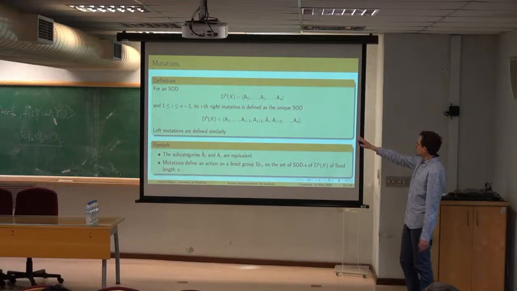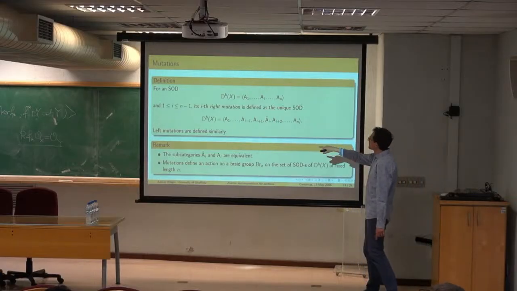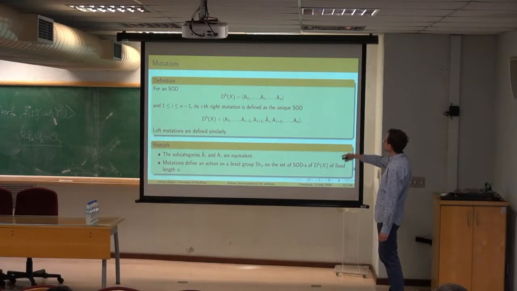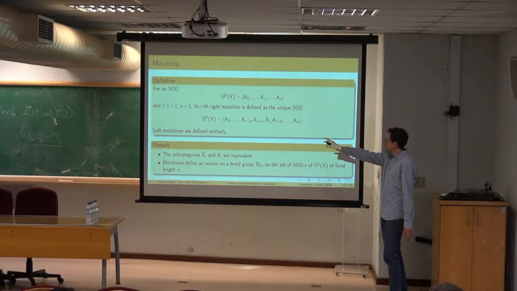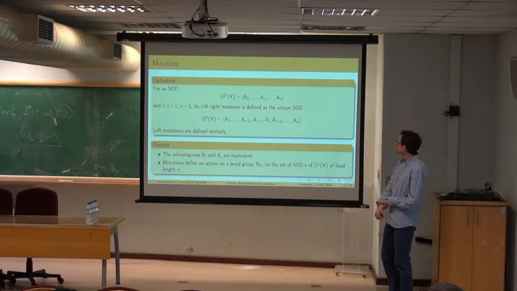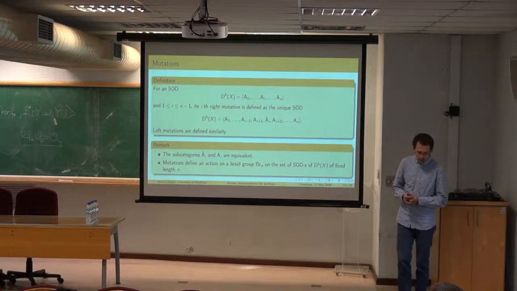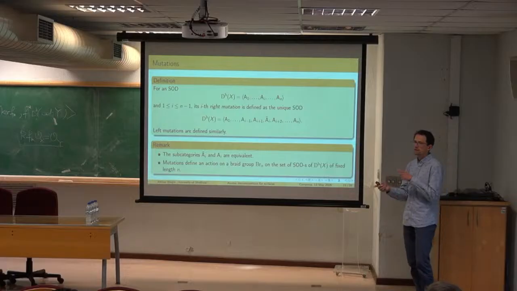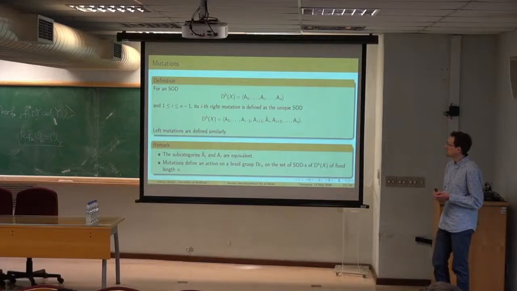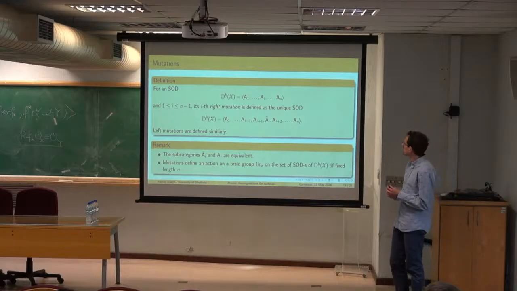So if I make a right mutation, I take this A_i and move it one step to the right, between A_{i+1} and A_{i+2}. There exists a unique such decomposition, and it's called the i-th mutation of the original decomposition.